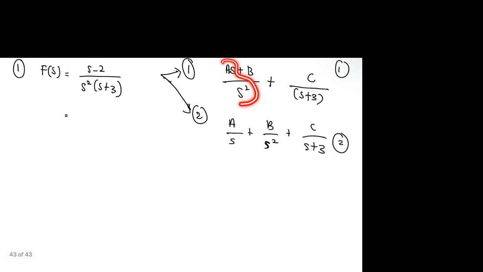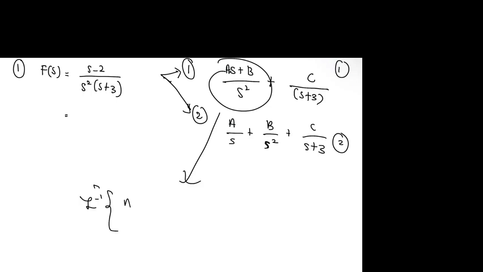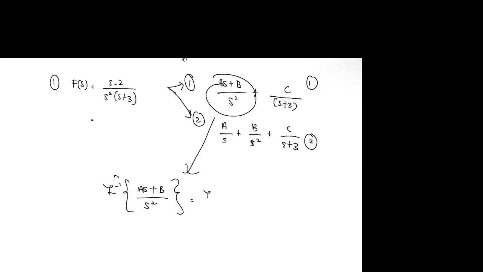If you want to use number 1, to take the inverse Laplace of (as plus b) over s squared, you need to break down into two fractions. So you have inverse Laplace of as over s squared, this one is number 1, plus inverse Laplace of b over s squared.